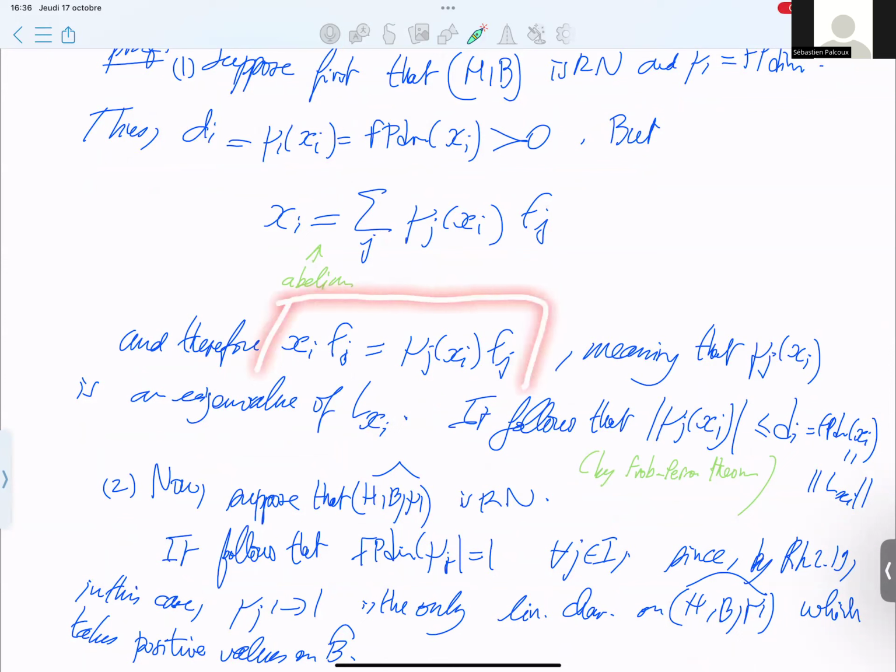We use this trick we already used before, the fact that this idempotent is an eigenvector for this multiplication matrix, for this eigenvalue.